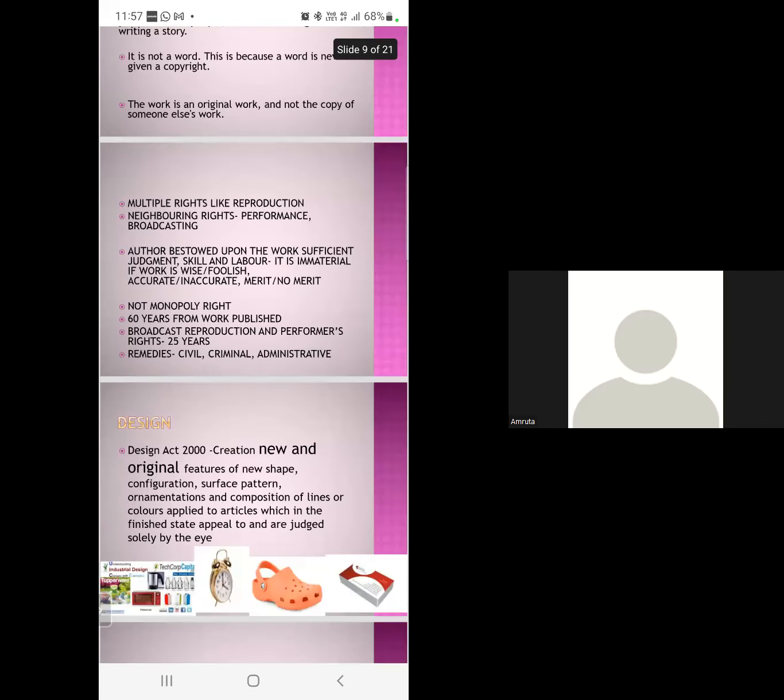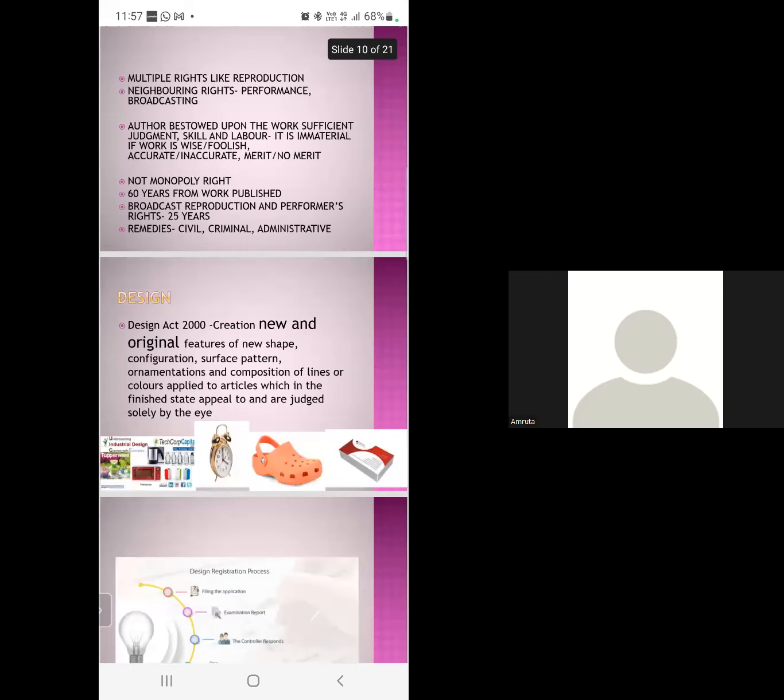Next is design. The Design Act is about new and original features. Basically, it is to preserve the design. As you can see, there are 4 or 5 products which I have given that are unique in nature.